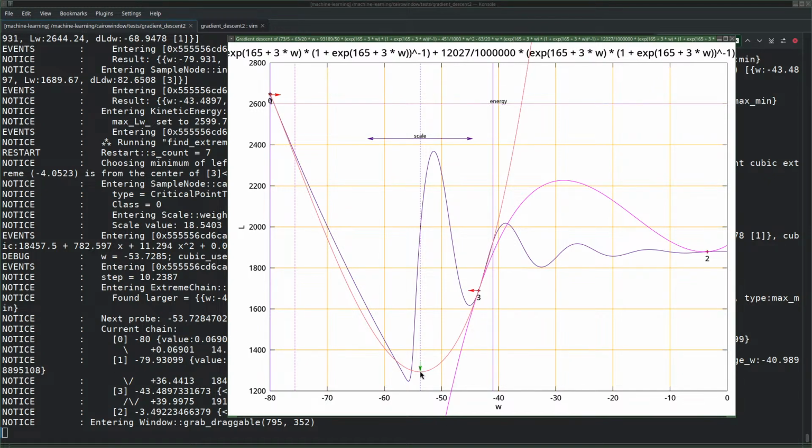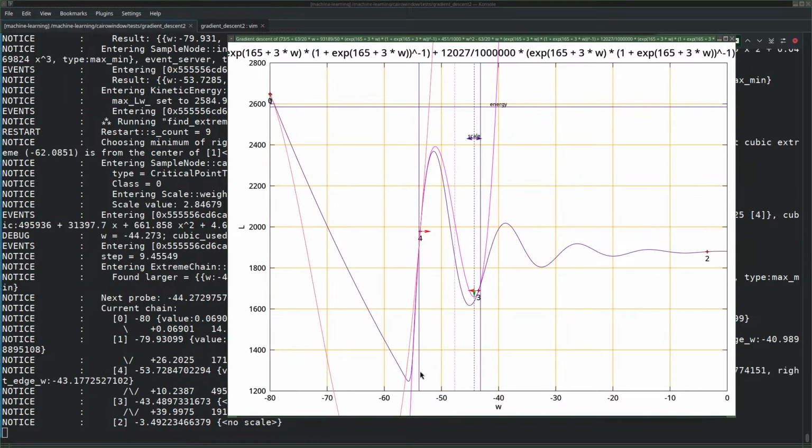So let's see, the prediction is now here, and that's a big jump. So we should have rejected 3 as a valid point to fit a cubic through.